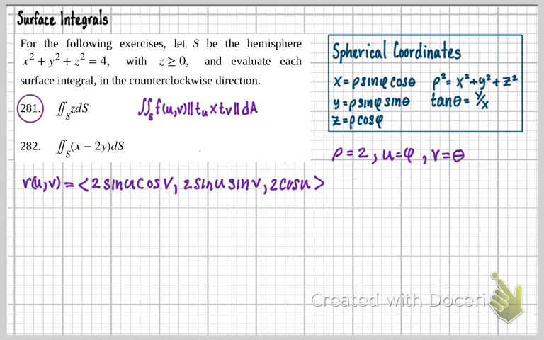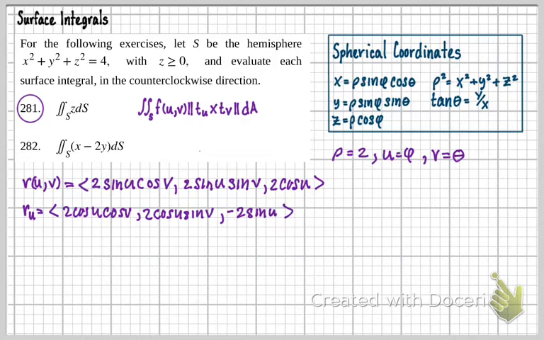Now I can find my r_u and r_v. I'll do that by taking the partial derivative with respect to u first. That's going to be 2 cosine u cosine v as the first component, then 2 cosine u sine v as the second, and for the third, with respect to u, it's negative 2 sine u.